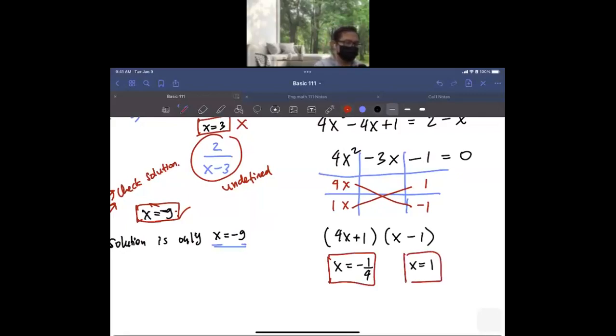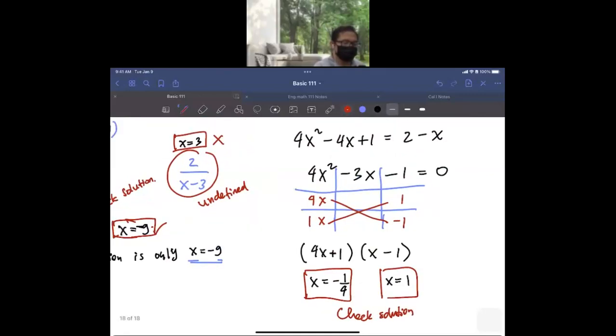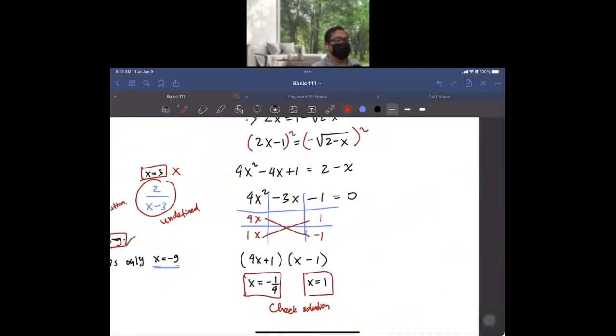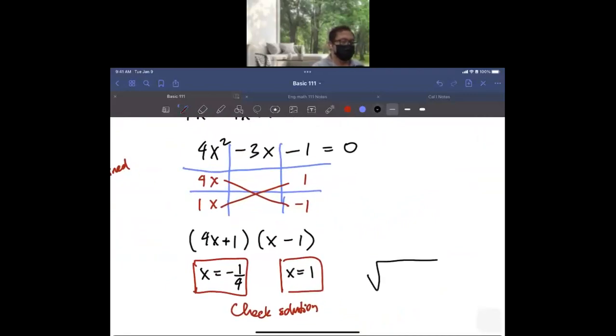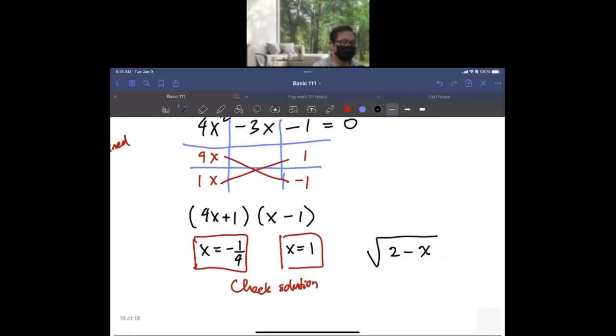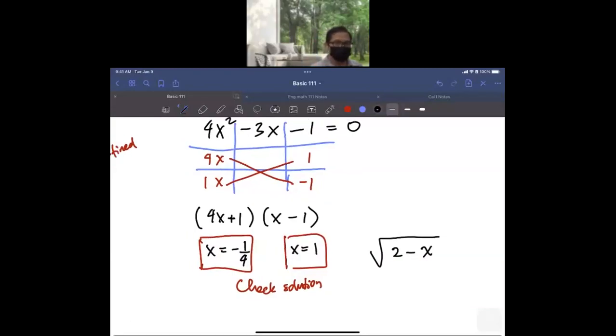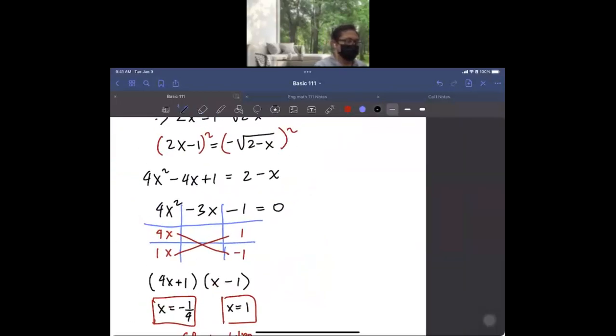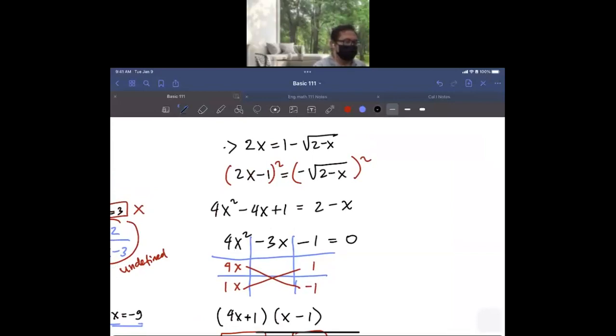Again, we need to check. So check solution. Because we have the radicals, this square root of 2 minus x, let me write the complete equation.